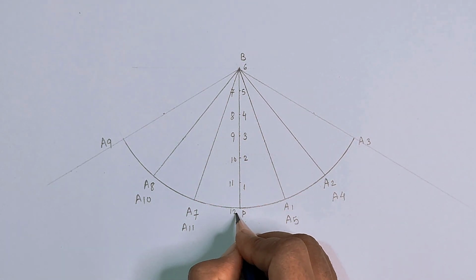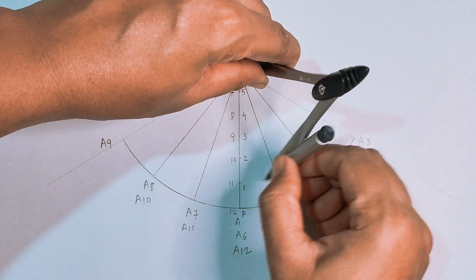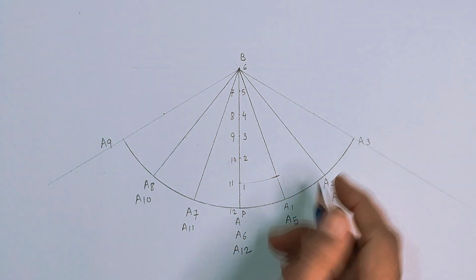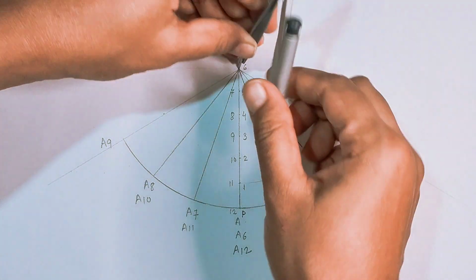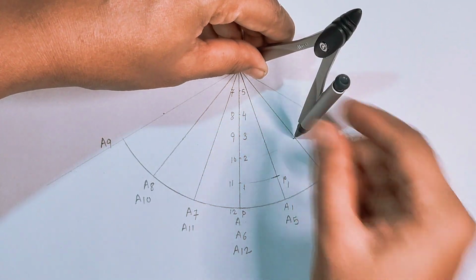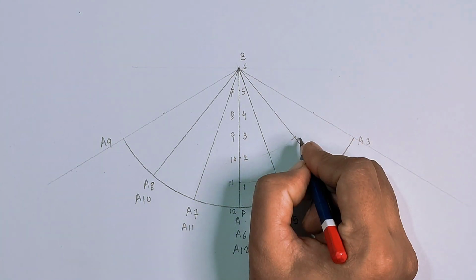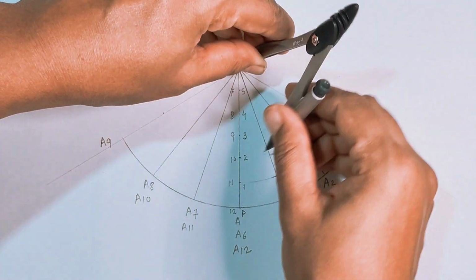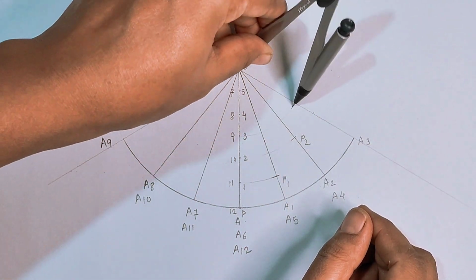The next important step is to get the position P1. First of all, place the metal point of the compass on B, take the distance from B to 1, and intersect the line BA1, and mark that position as P1. Again, take the distance from B to 2, mark it on line BA2, and name that point as P2, and repeat the same procedure for the remaining points.